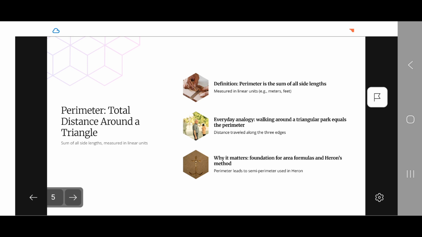So, the definition: the perimeter is the sum of all side lengths.